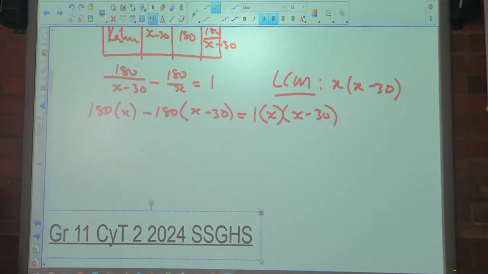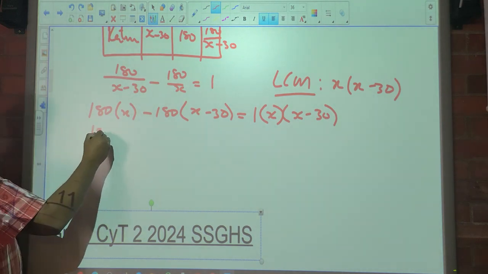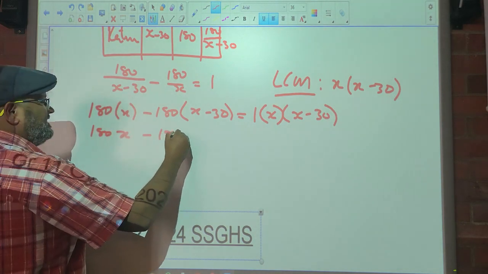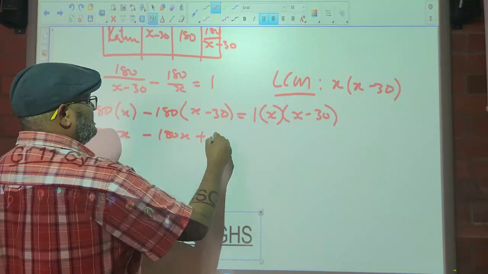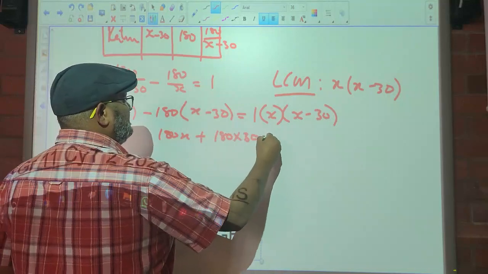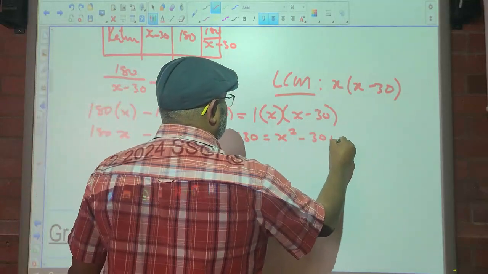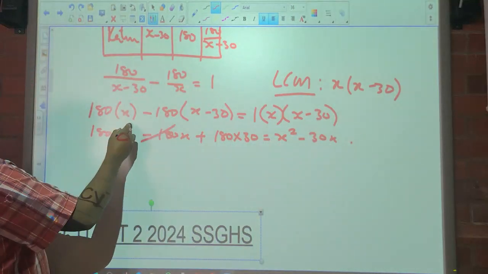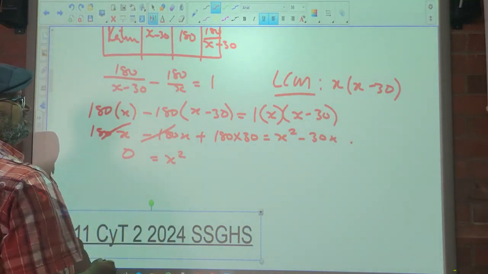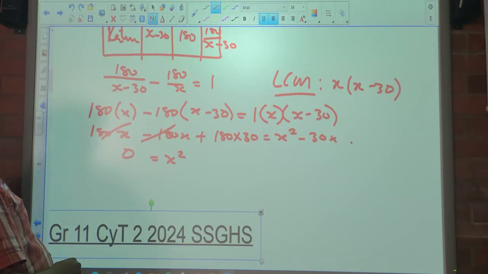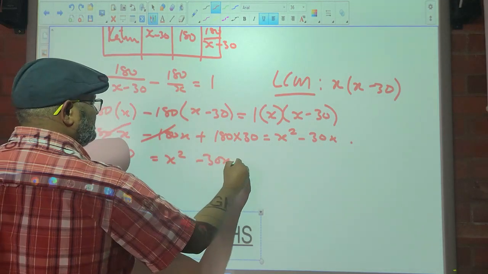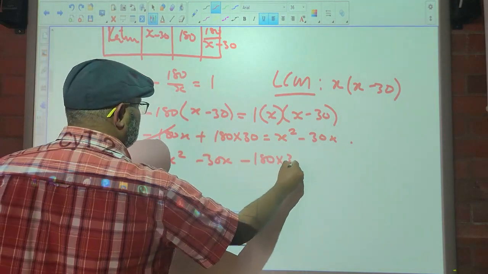Right, so we multiply out, we get 180x minus 180x plus 180 times 30 equals x squared minus 30x. So 0, that cancels, equals x squared minus 30x minus 180 times 30.